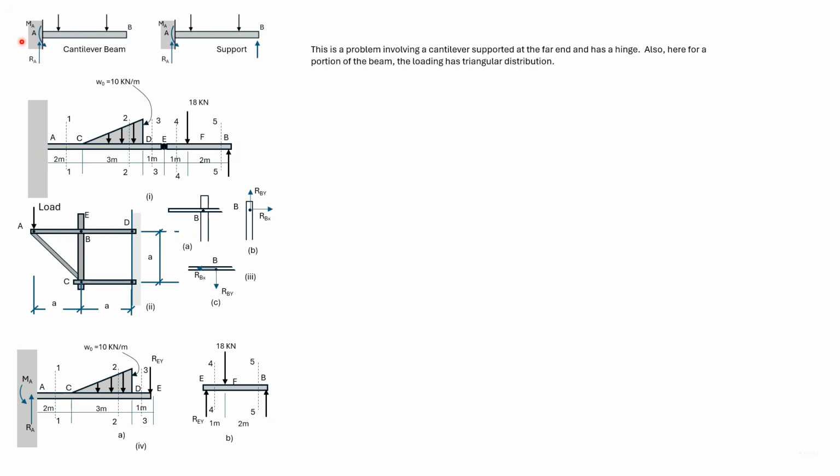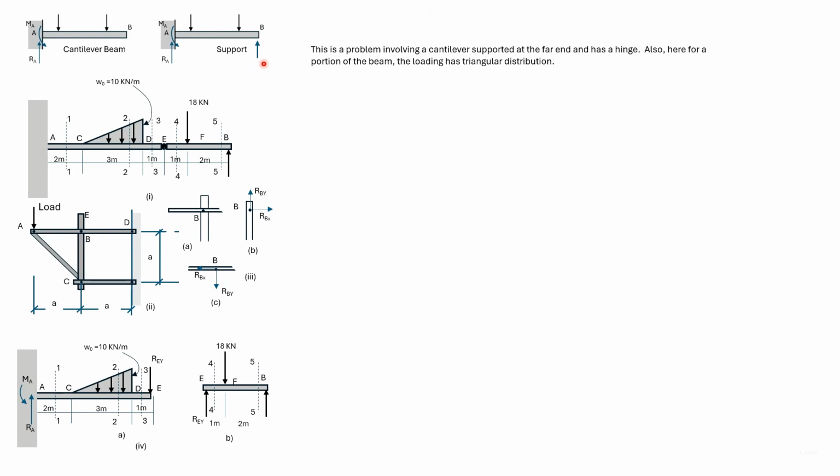Considering that there are no horizontal forces, there are two unknowns, the vertical reaction and the moment at the fixed end. There are also two equations of statics, and as such, a cantilever beam is statically determinate. Now consider this case.